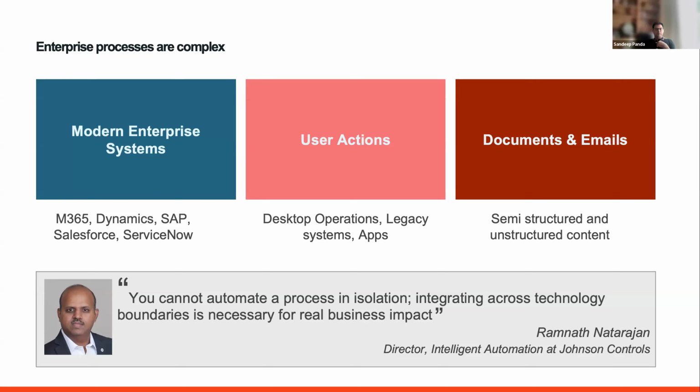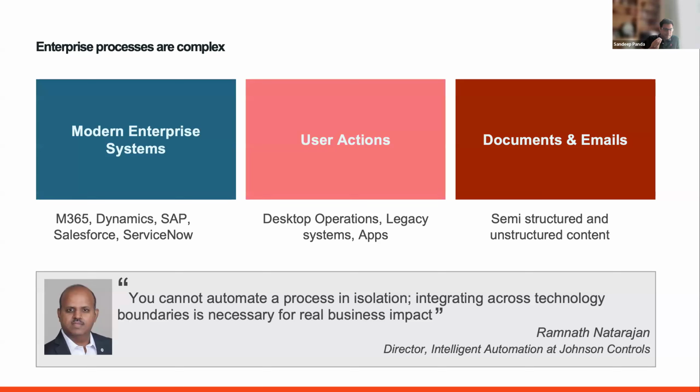From his perspective, his number one ask was, you can't automate a process in isolation, no matter how good your agents are, no matter how good your robots or tech platform is. You just cannot do it all within one platform. Integrating across these technology boundaries is necessary for real business impact.